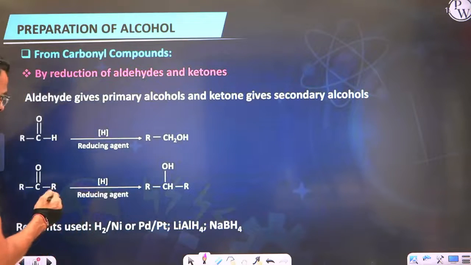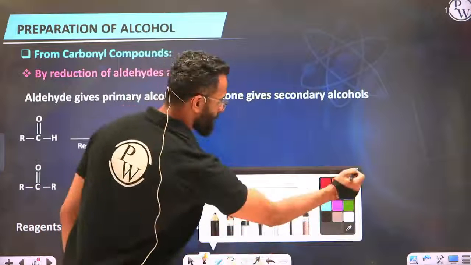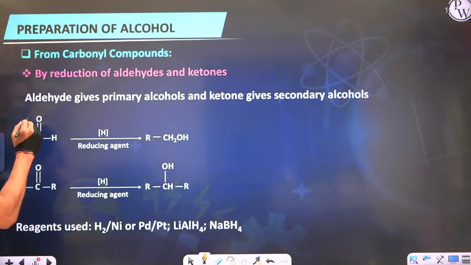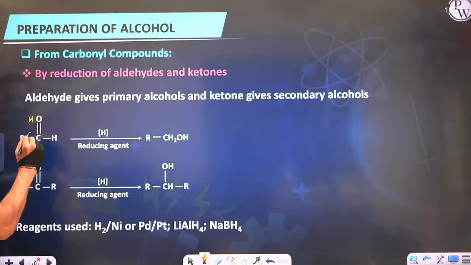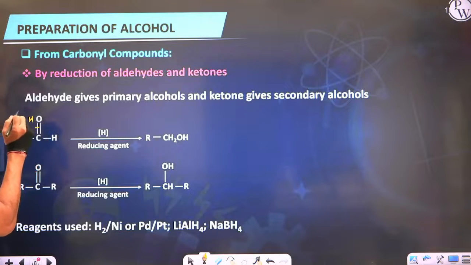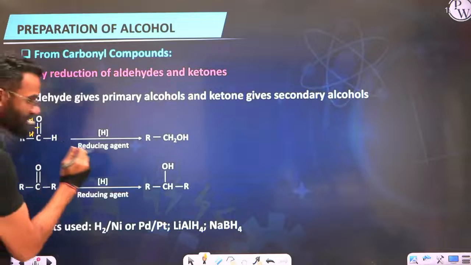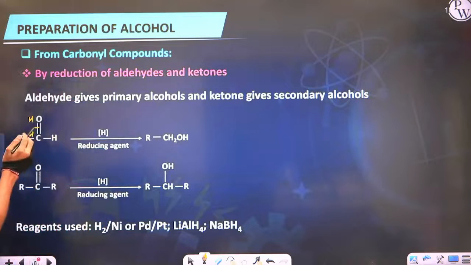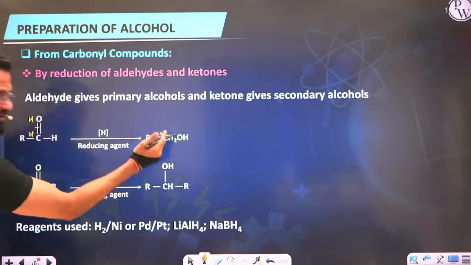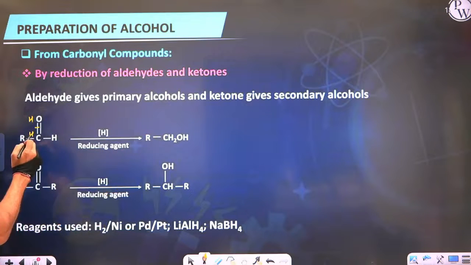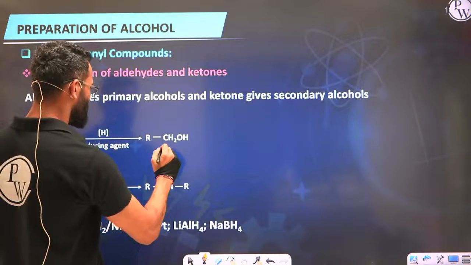For the sake of understanding, if 2 H's are added across the carbon-oxygen double bond, it will involve breaking of one of the pi bonds, because there is just one pi bond, and new bond formation between oxygen-hydrogen and carbon-hydrogen. That's how we get RCH2-OH, that is nothing but the primary alcohol.